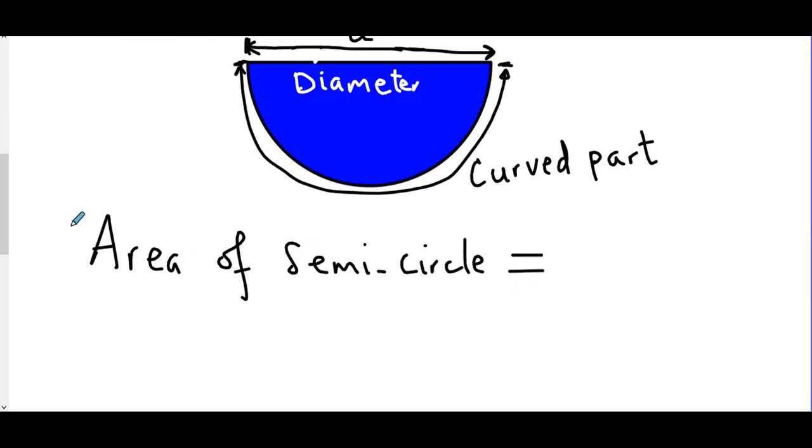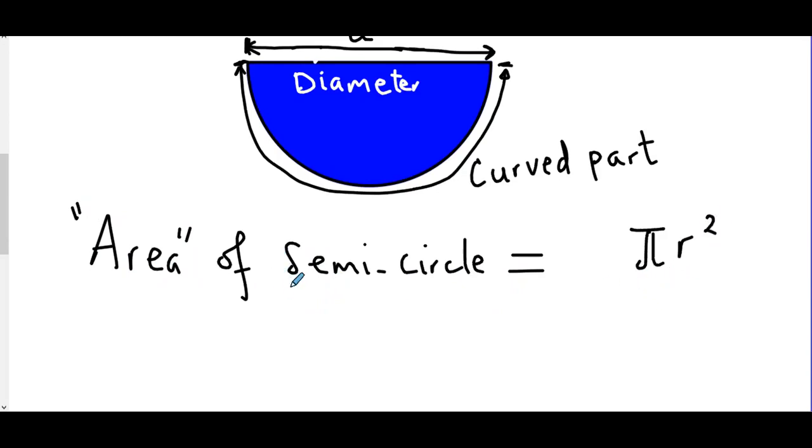So what is the area of a circle? You can pause this video and go through the formulas we discussed on how to find the area of a circle. Just to continue, the area of a circle is pi r square.